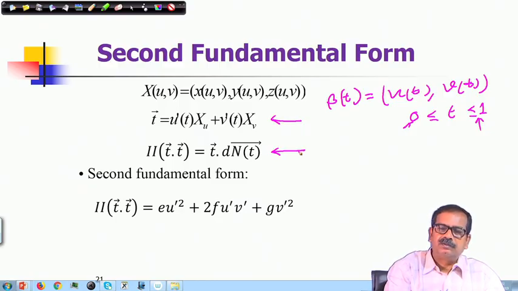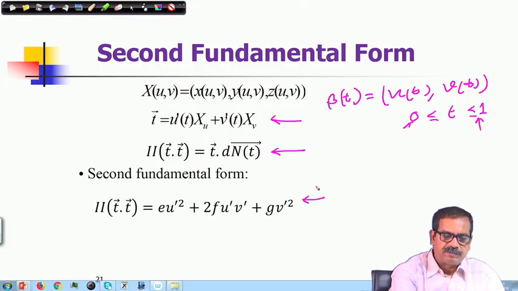That is the vector representing that change of normal. You take the dot product of these two, and then you get the second fundamental form, which is a measure of local curvatures, and which is defined from the functional point of view in this fashion.